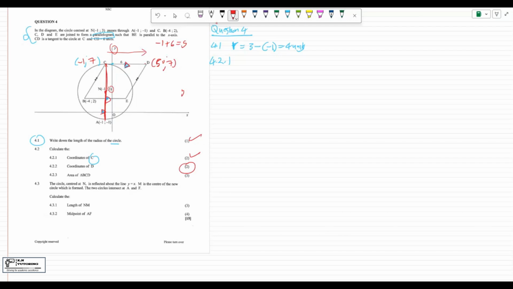Now 4.2.1, they wanted the coordinate of C. Coordinate of C is what? -1 and 7. 4.2.2, the coordinate of D. I said the coordinate of D is 5 and 7.